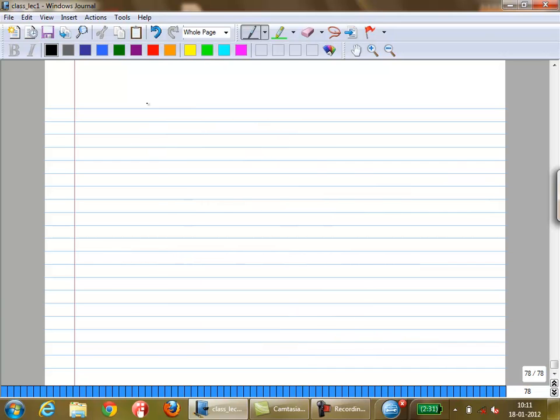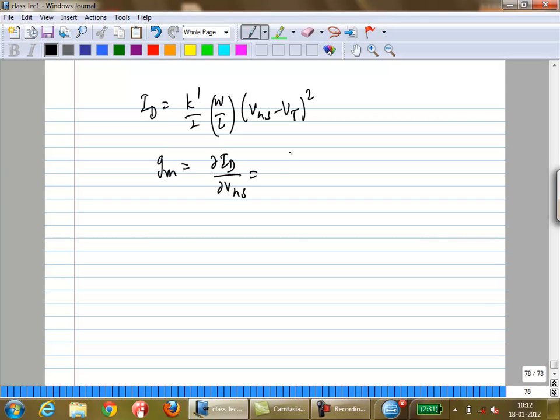If you look at the equation of the transistor in saturation, and then you look at the gm of the transistor, what is that? K' W over L (VGS minus VT), which happens to be equal to GD0.